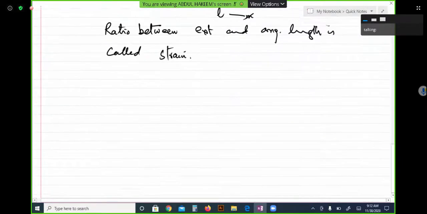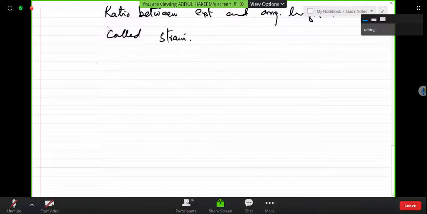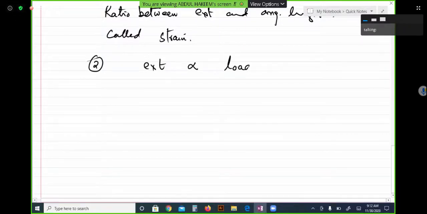Now, this is the first one. Number two, extension is directly proportional to the load applied.